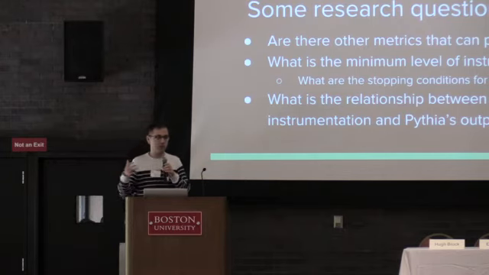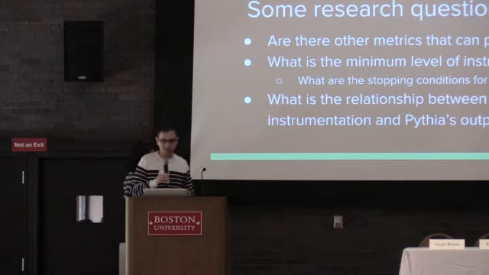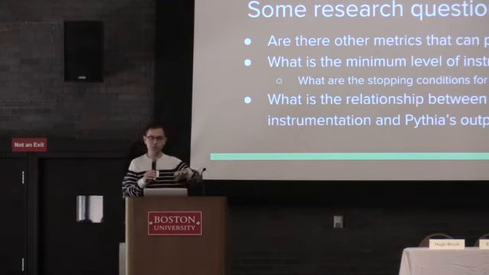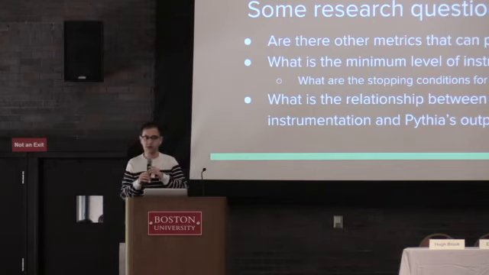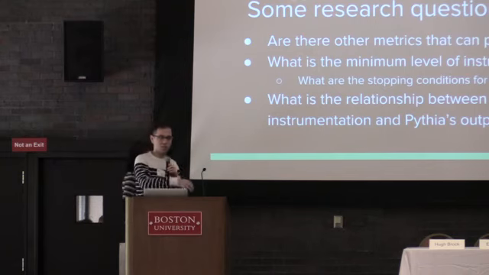And what is the stopping condition for this analysis cycle where we enable more and more granular instrumentation? A more high-level question is, what is the relationship between the strategies that we use to enable these traces and Pythia's output? And what kind of output is more useful for engineers, and what kind of algorithms result in the output that we want?